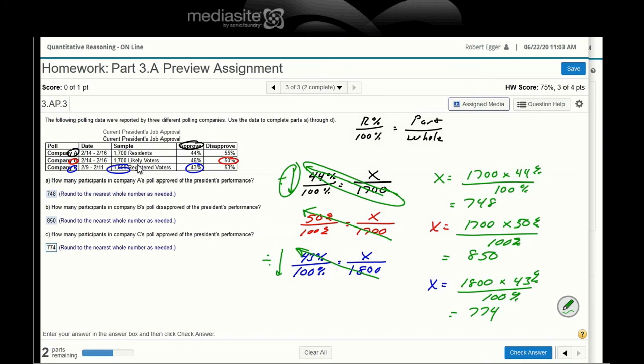Interesting. Ah, my circuit, I lost a 9. Let's try this again. 1809 times 43 divided by 100.